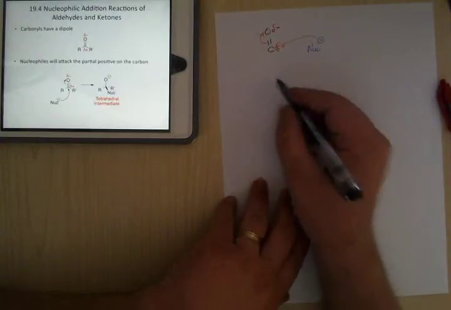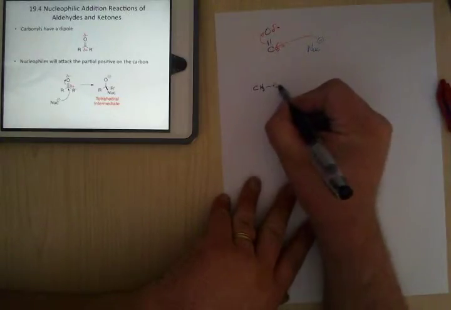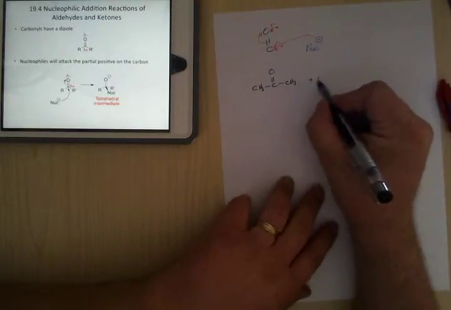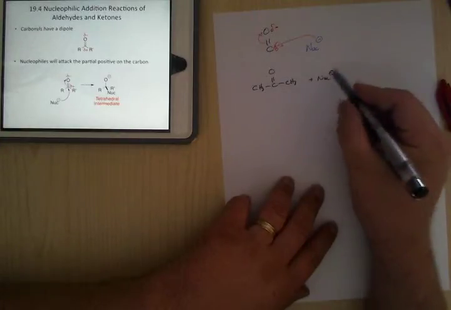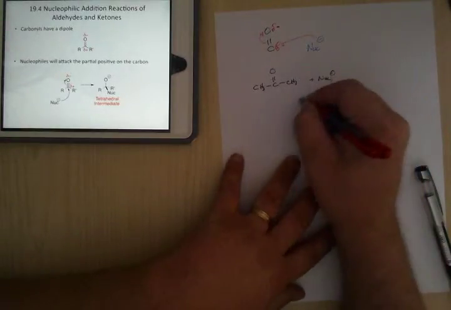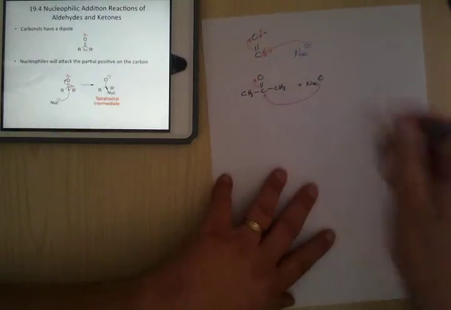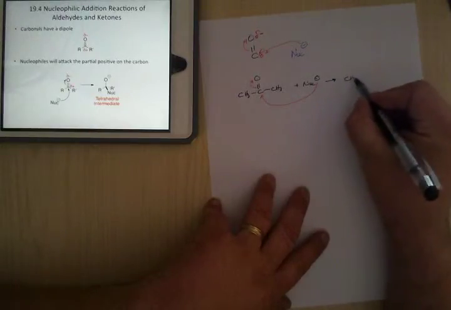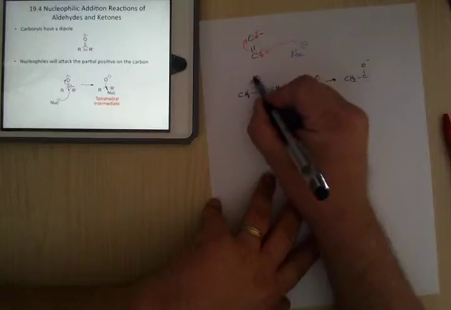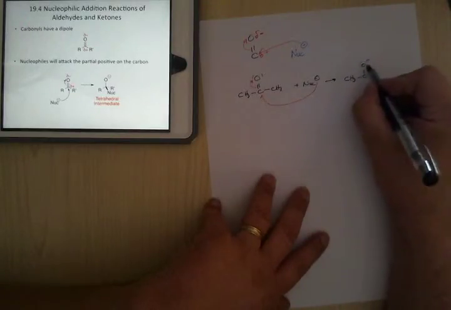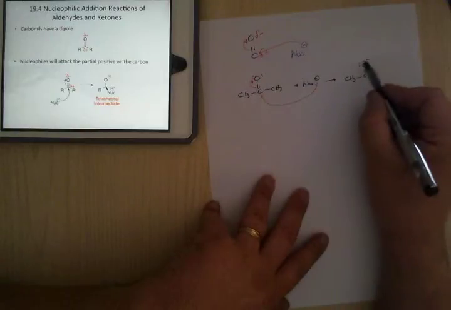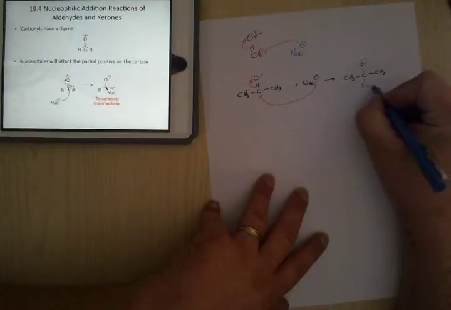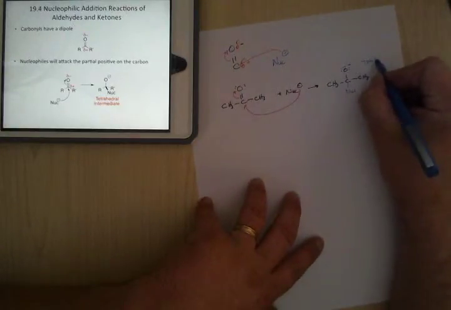And so what you're going to get is, let's say you had something simple like this, acetone, and then you had your nucleophile, whatever's attacking. This is going to attack here, and this is going to get pushed up. Now during the workup, this is going to become an alcohol. So this is the intermediate. Let me put in the lone pairs here. This double bond becomes an extra set of lone pairs. So you get your nucleophile. This is called the tetrahedral intermediate.